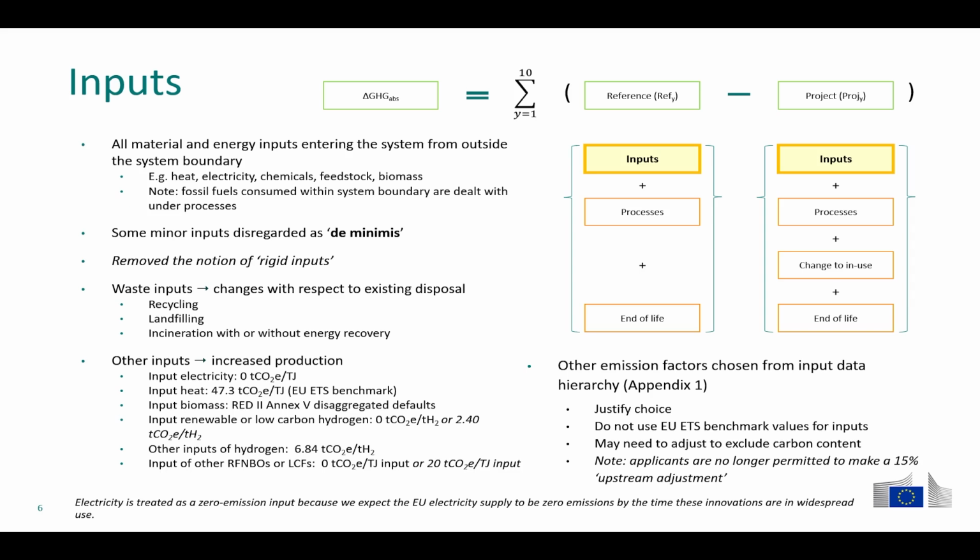And applicants must justify the choice of emission factor, must not use EU ETS benchmark values for these other inputs, and may need in some cases to adjust an input emission factor found in existing literature to make sure that they exclude carbon content to avoid double counting. Note that unlike some previous years, applicants are not permitted to make a 15% upstream adjustment to input emission factors.